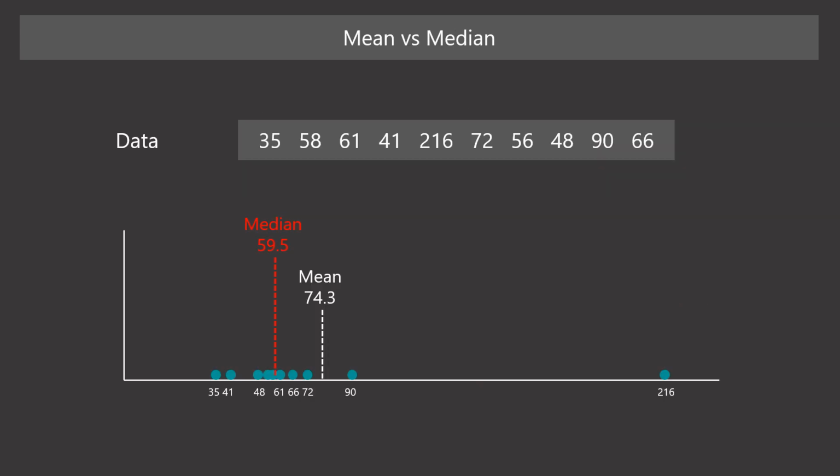As we saw in the previous slide, the mean of this dataset is 74.3, and the median is 59.5. There is a big difference between the mean and the median. But as we can see in this plot, the median is the better value for representing all the data in this dataset.